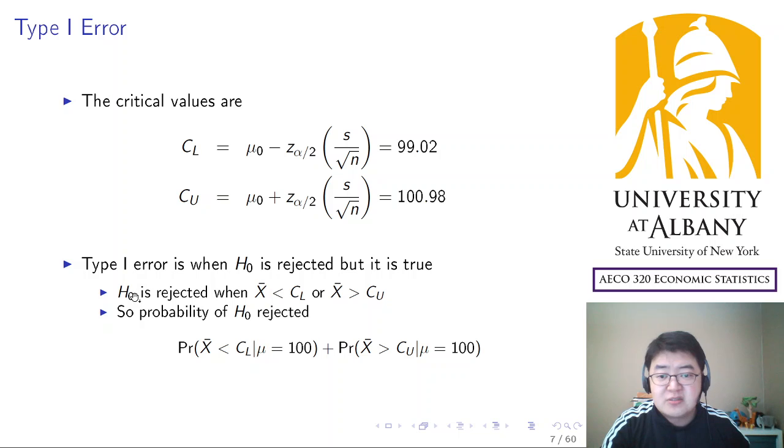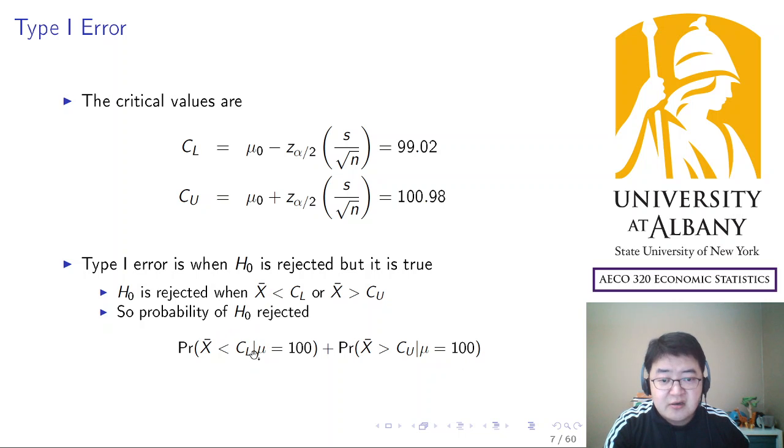So think about this. The probability of type 1 error is the probability that this happens: either too small or too large. So we have to calculate this probability in this way. So this is the probability of type 1 error.